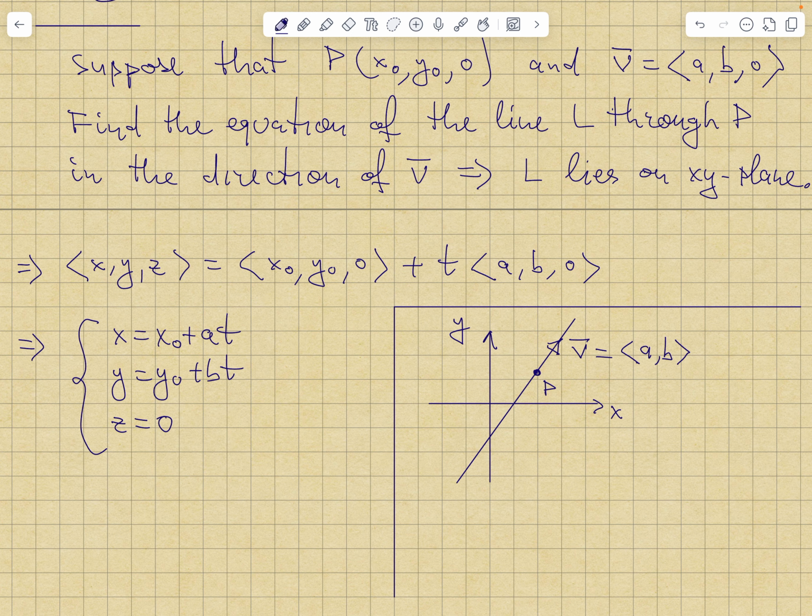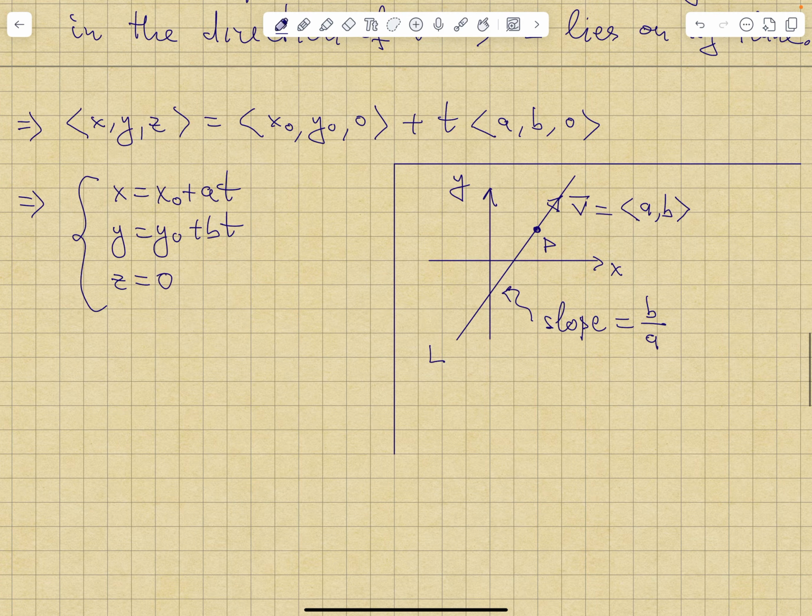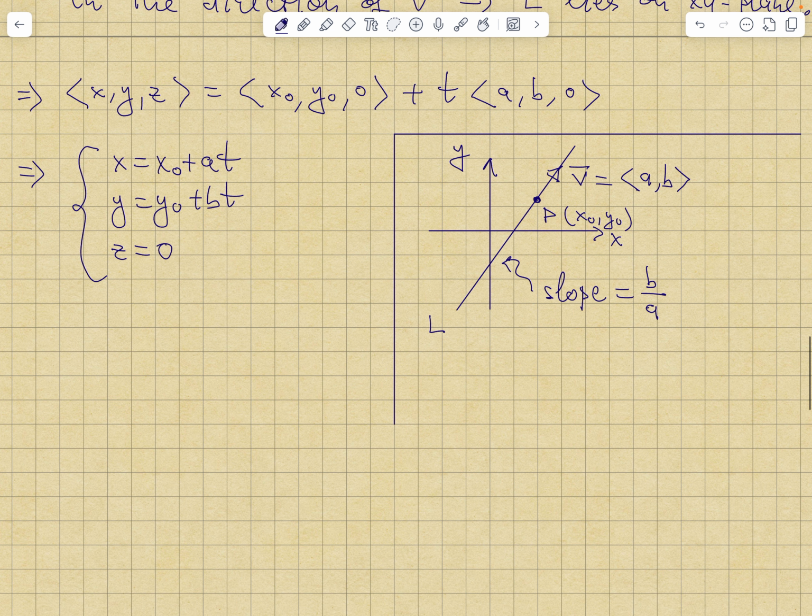So the slope of my line L is b over a. P has coordinates x0, y0. So the equation of a line is going to be y minus y0 is equal to the slope, b over a, times x minus x0.